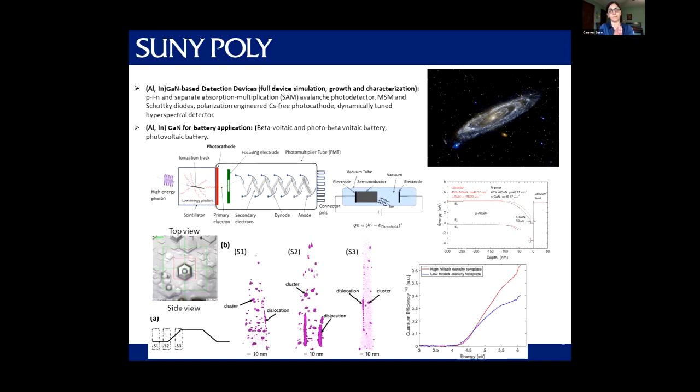And the reason is a photocathode is a hot electron device, which means the photon comes in, the electron is excited, and you want to detect that right away. You don't want it to thermalize. So just going through it quickly, we have been able to create a photocathode that does not require cesium, because cesium is very chemically active.